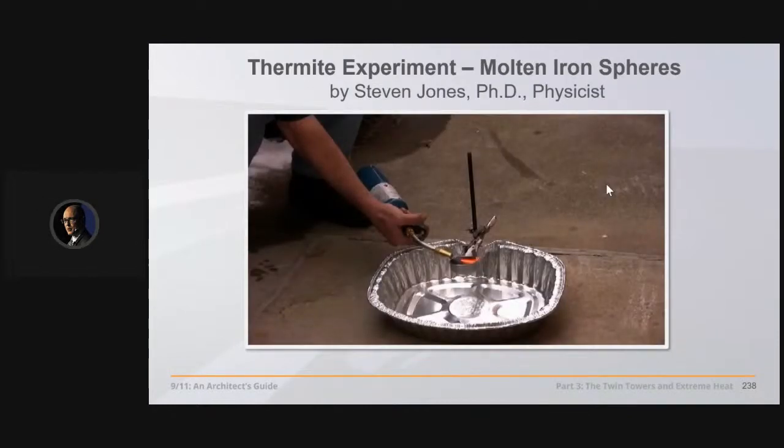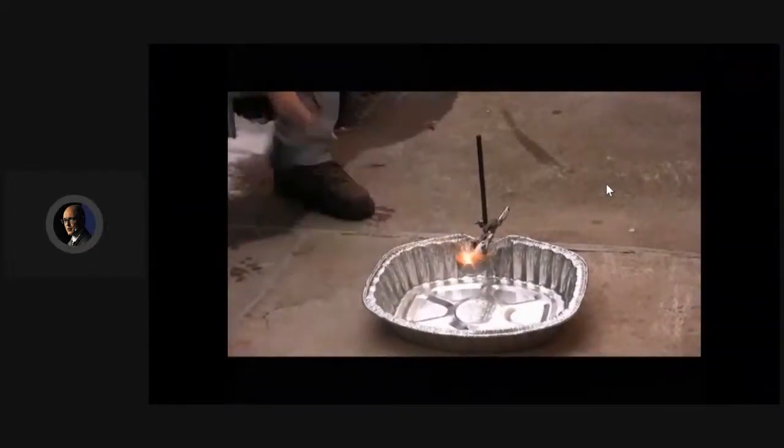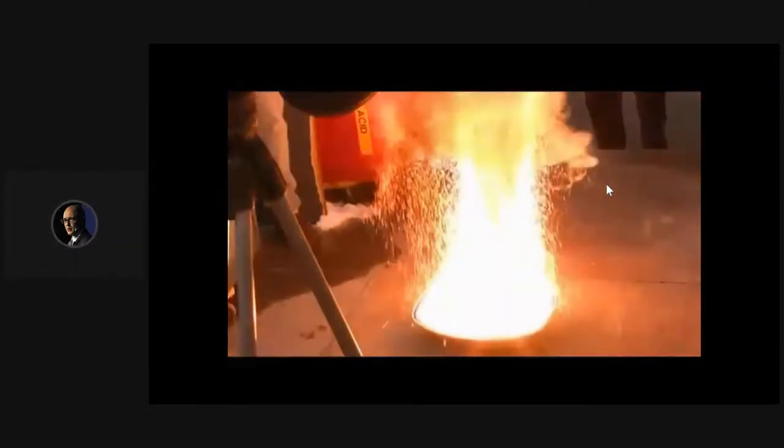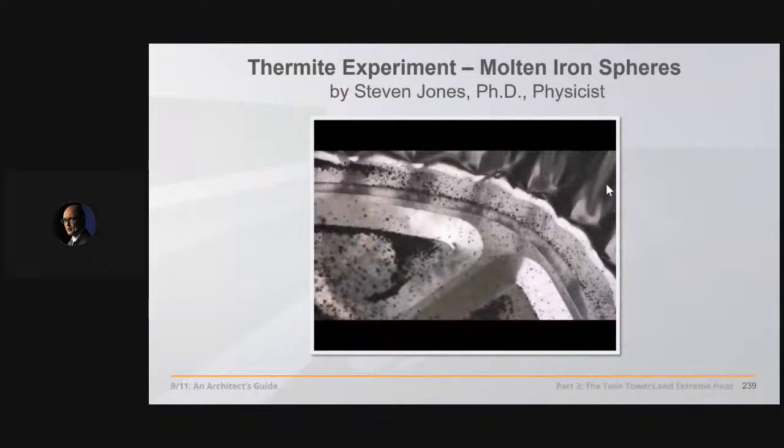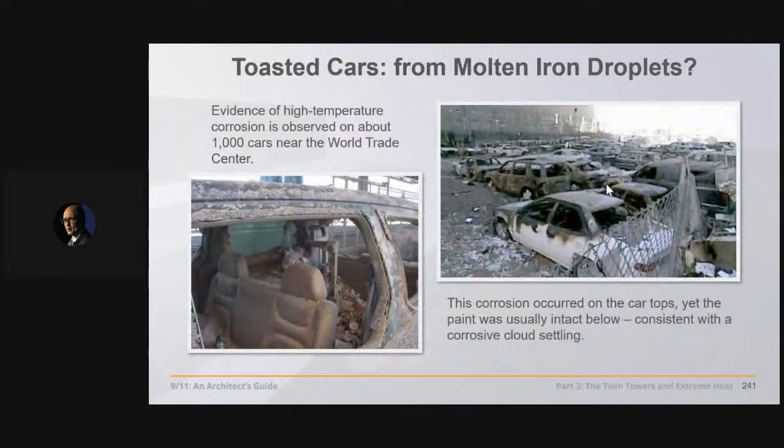Well, how are they created? Well, here's one way that thermite works in a controlled experiment. Slowing it down, you have thousands of what look like sparks, but they're iron microspheres. They cool and they fall, as you see in all the dust around the World Trade Center on the tops of these cars.